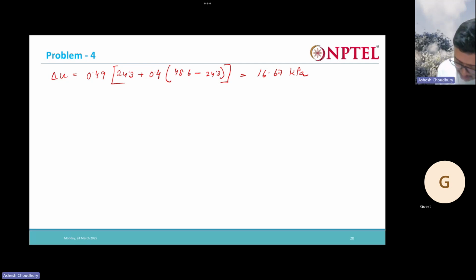Okay. Now what is my normal stress? Normal stress at the bottom of the embankment is 8 into gamma, that is 8 into 16.2. Right, that is my normal stress at the bottom of the embankment. Now what is the effective normal stress?